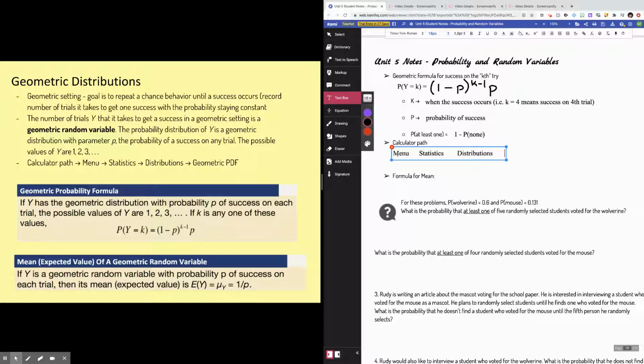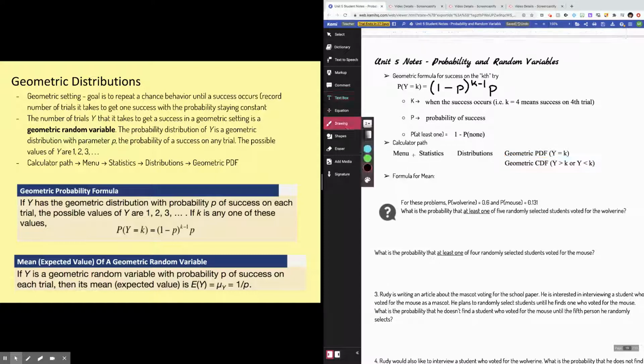Then you choose either geometric PDF, which would be for y equals k, or geometric CDF, which would be for y greater than k or y less than k. Let me draw my little arrows in here. Okay, so that is your calculator path.